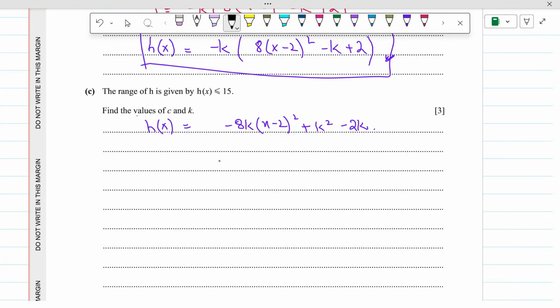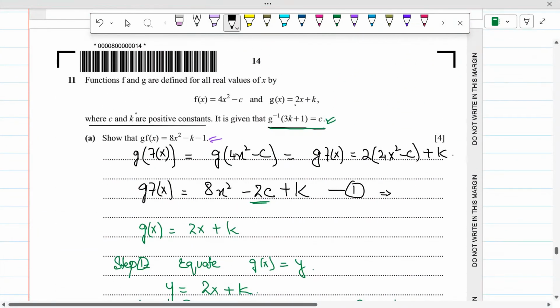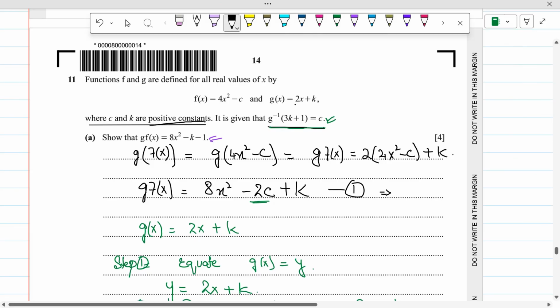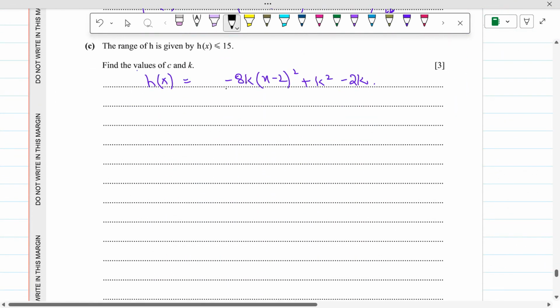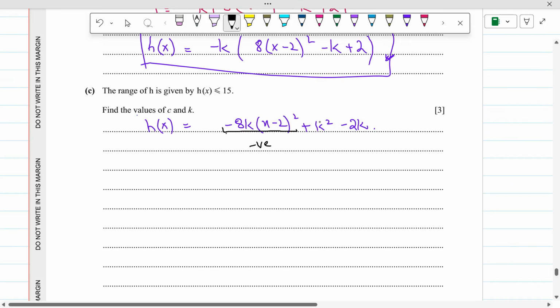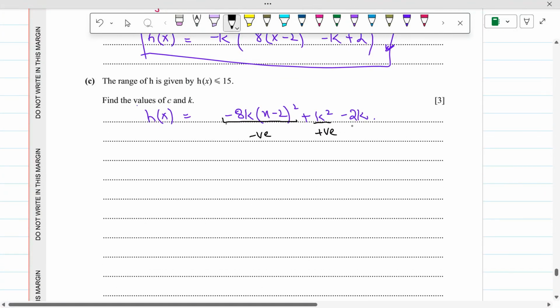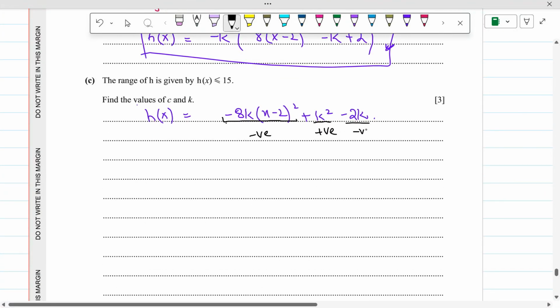This is the function h of x, and it was given in part A that k is positive. So when k is positive, this whole value will always be negative if x is a real number. Similarly, k is positive, so this one is always positive and this one will always be negative.